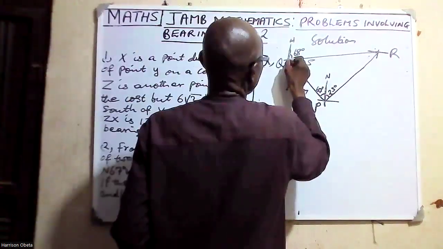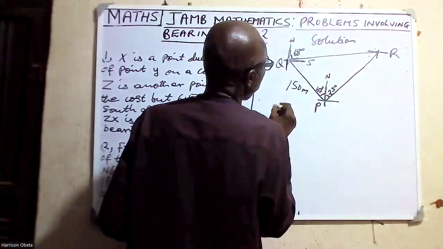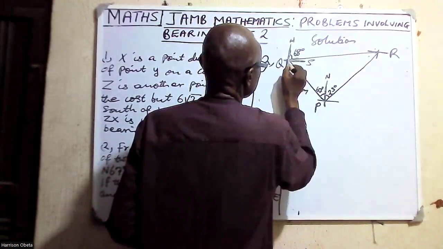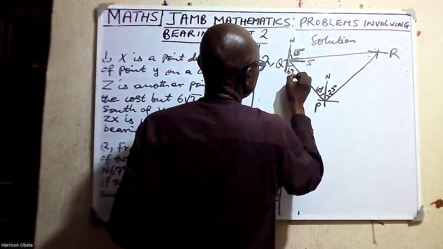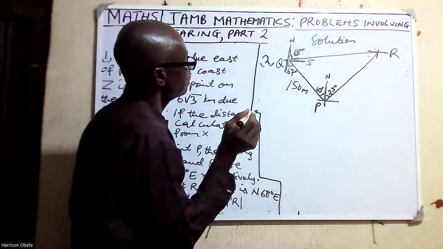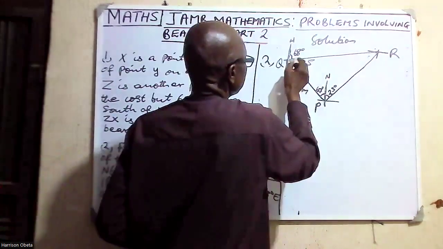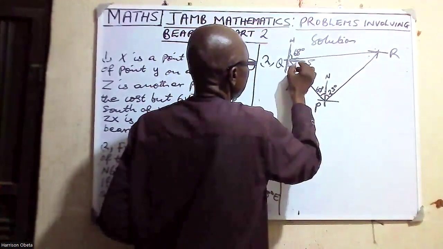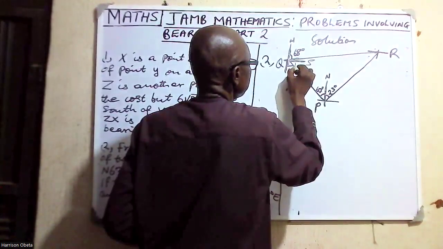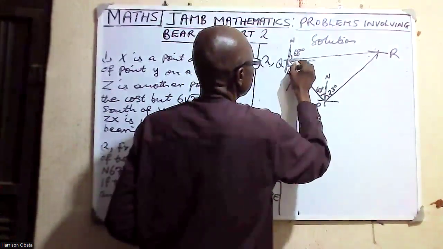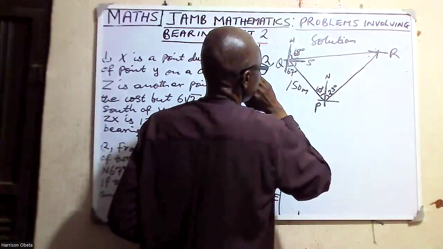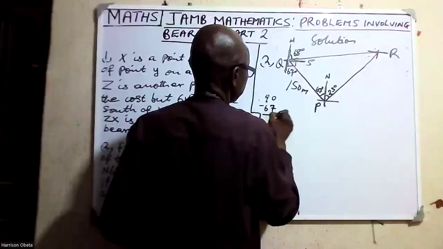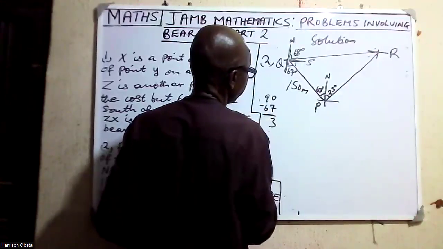So what happens is that we have to calculate the angle. Now, this is 67, this should be 67, alternate angle. Then again, if this is 67, this place should be 23, that's 90 minus 67.